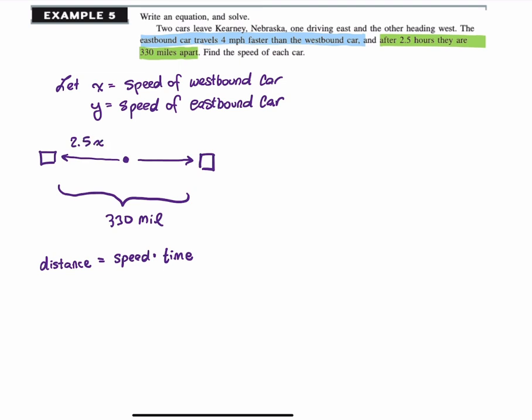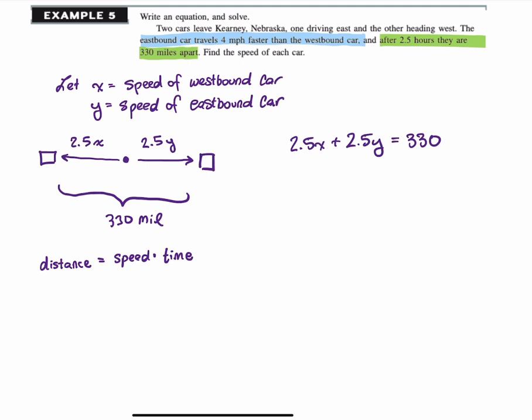And if y is the speed of the eastbound car, I can describe this distance as 2.5 times y. And they should add up to 330. So that can be our first equation. We can say 2.5x plus 2.5y equals 330.